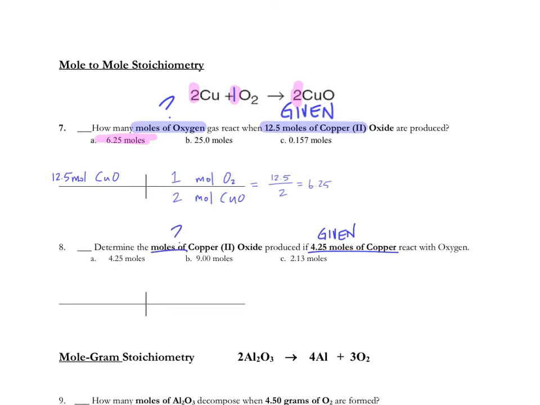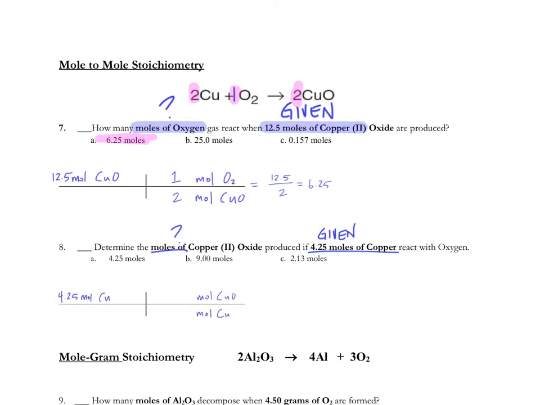So I'm going to start with the information that's given, which is 4.25 moles of copper. So I'm going to bring down my units, moles of copper. And I want to convert to moles of copper oxide, which is CuO.